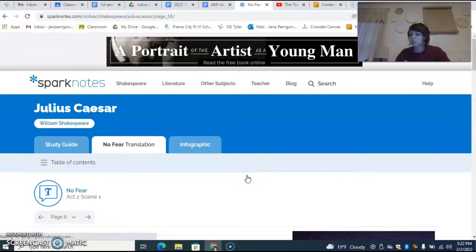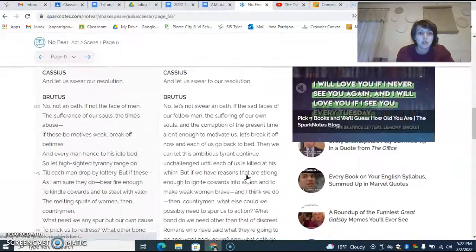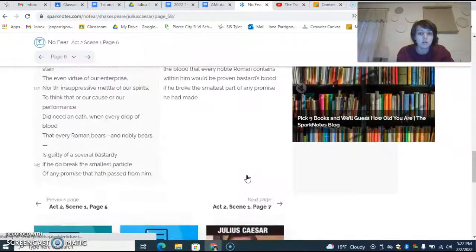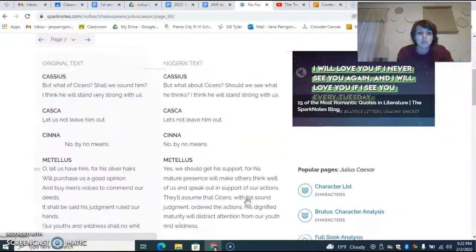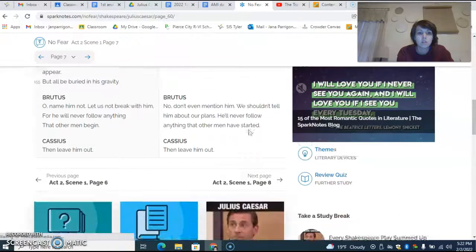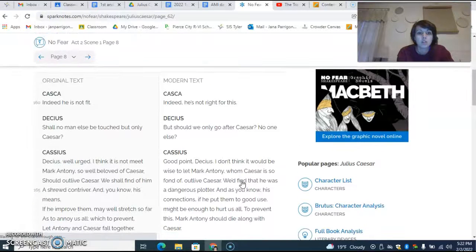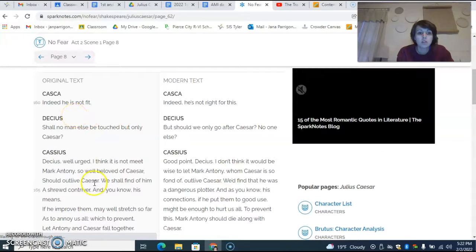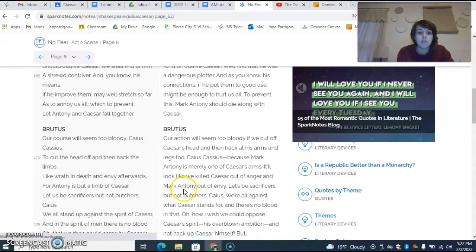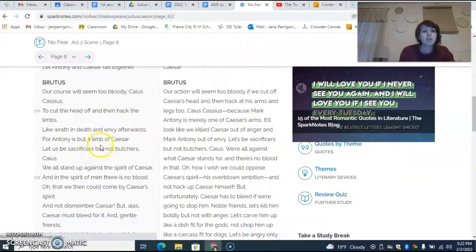Cassius wants to kill Antony, and Brutus says no. And then Brutus says, for Antony is but a limb of Caesar.